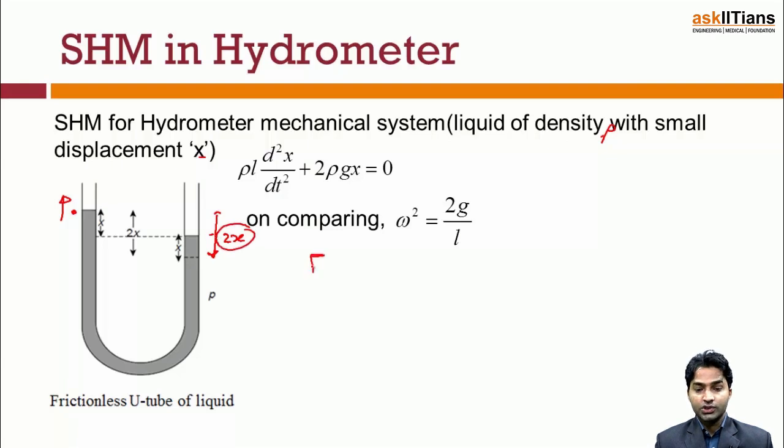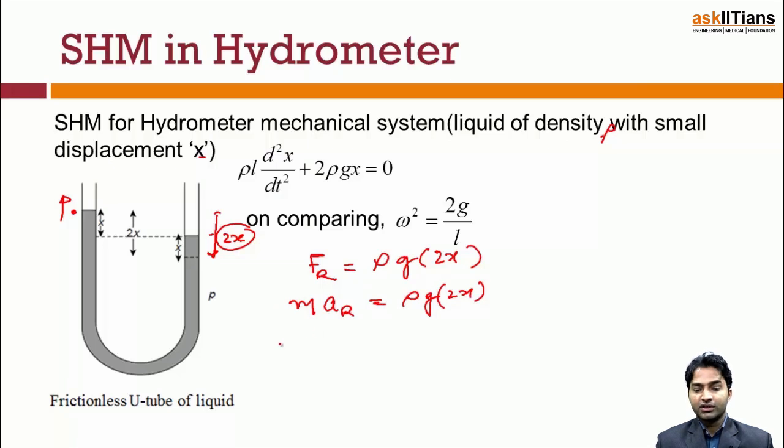We know that restoring force is equal to pressure into area. So we know that rho into g into net displacement, that is equal to 2x, or we can say m into restoring acceleration is equal to rho into g into 2x.